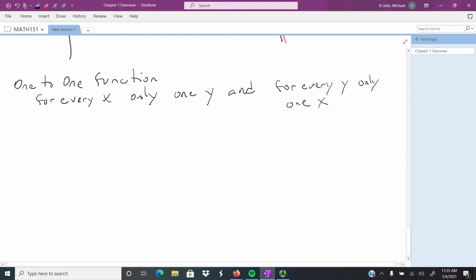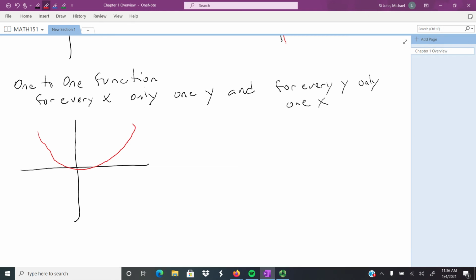Remember, in terms of testing, let's draw a graph. Let's draw my basic quadratic. I asked if that was a function. It is a function, because it passes my line test.